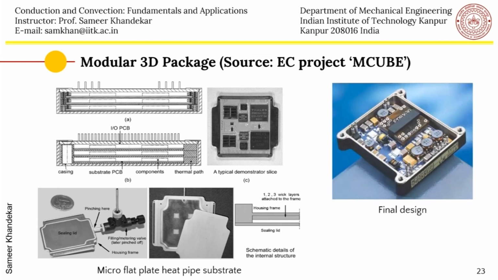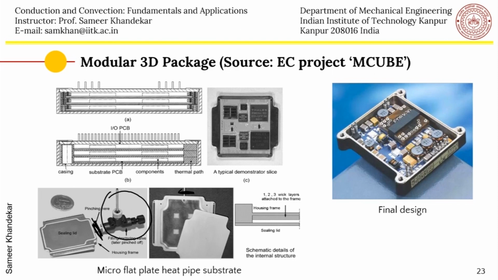It is very important that any non-condensable gases are not formed inside by chemical action, or air is not mixing with the two-phase system inside. Otherwise, the performance of the heat pipe will go down drastically, the thermal resistance will increase, which is not desirable.